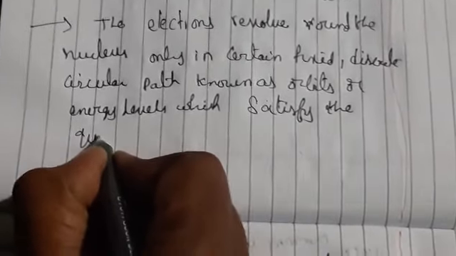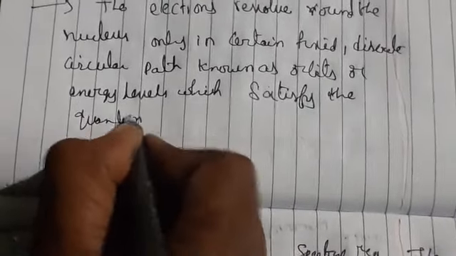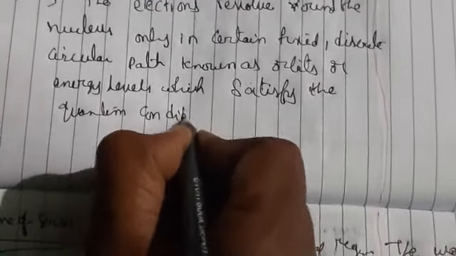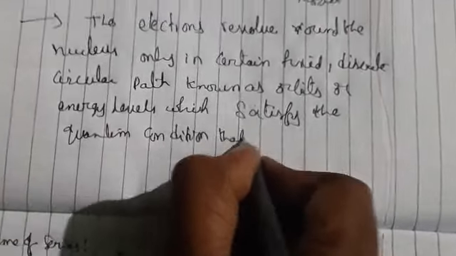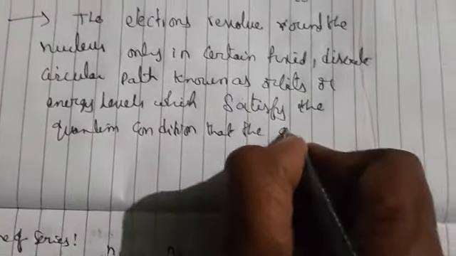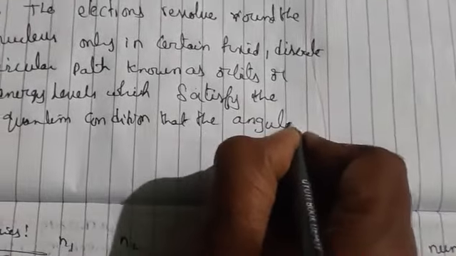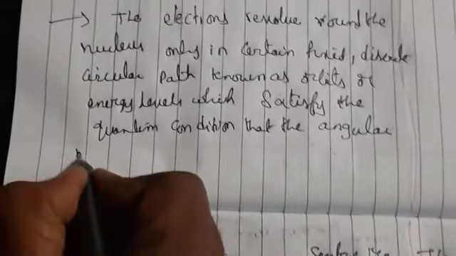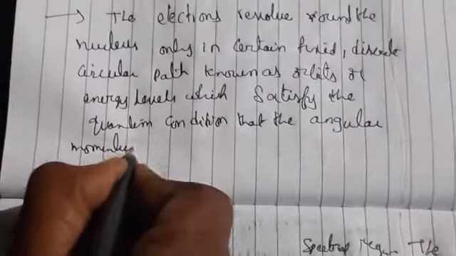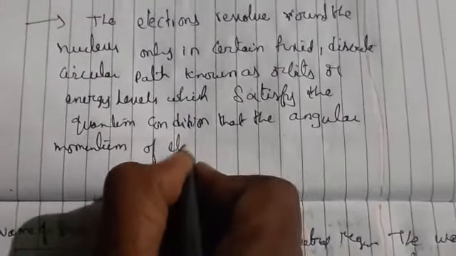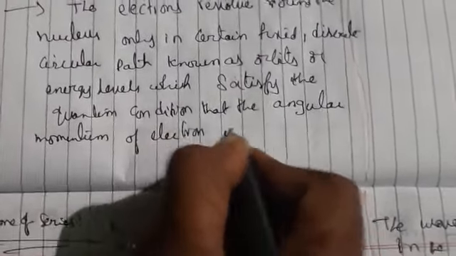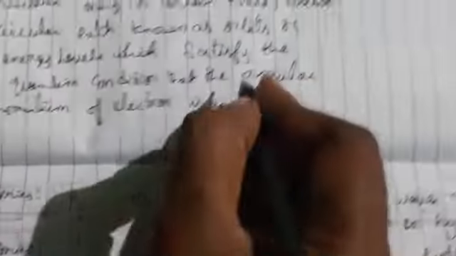Means what here? What is the quantum condition? The quantum condition is that the angular momentum of the electron is an integral multiple of h by 2 pi.